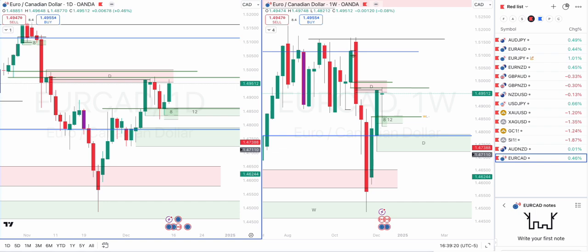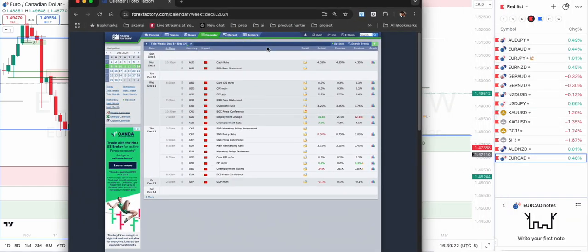So previous week, these were the news. It was the December 8th to 14th week. And the most important news I mentioned was also the Australian currency pair, because of the rate statement. Then the second one was CHF, because of, again, rate.